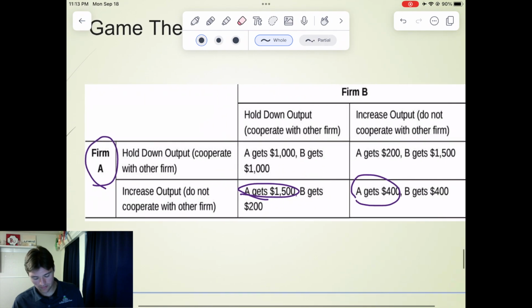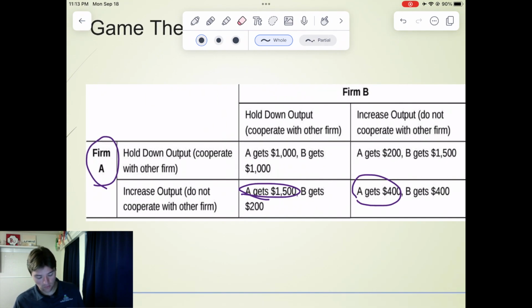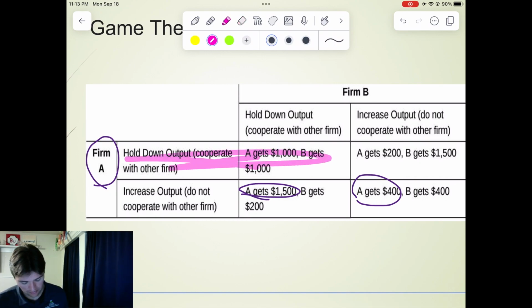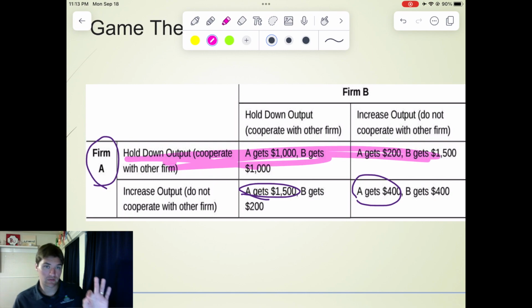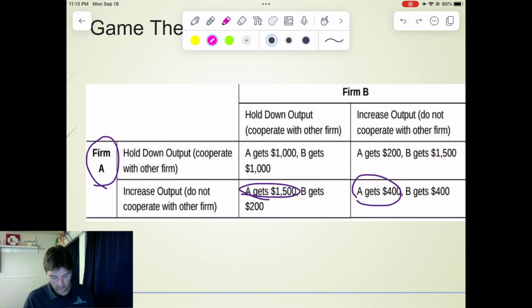So what are you noticing here? Did A hold down output? No. Because look here, we don't have any circles up there. So they only increase output. Okay? Because that's where our circles are.